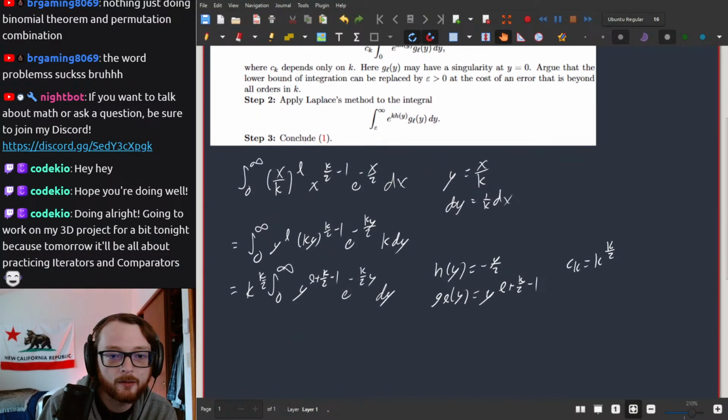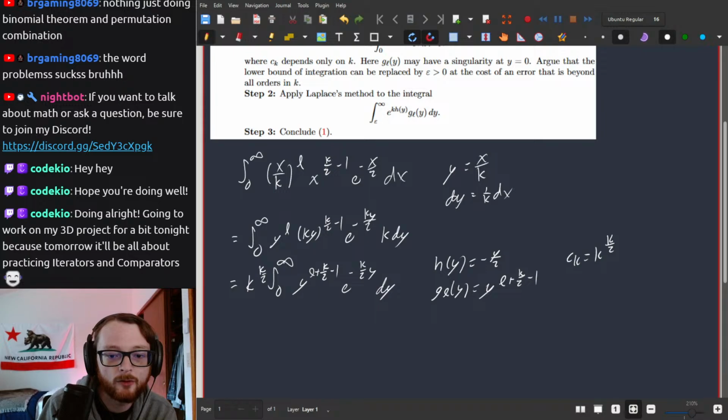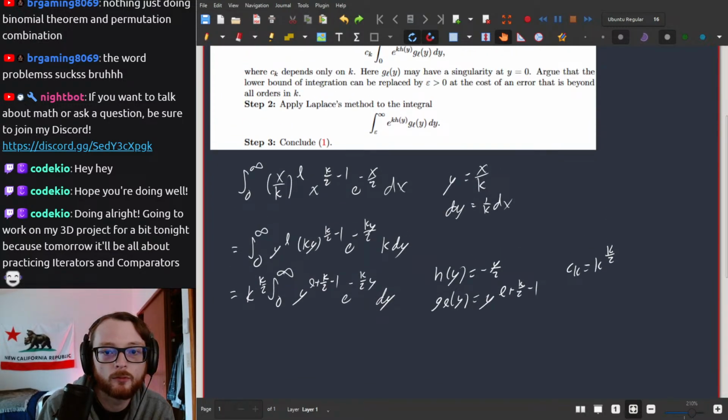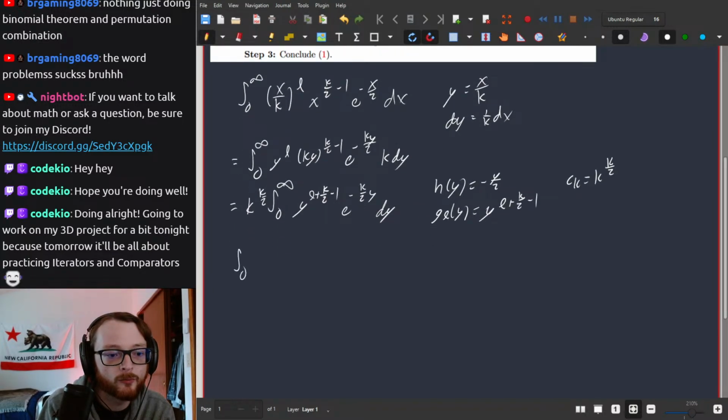I'm kind of weirded out that we have to be concerned that g may have a singularity at y equals 0, because we're sending k to infinity. But I think what they probably want us to do is to think about the integral from 0 to epsilon and bound that in some way.